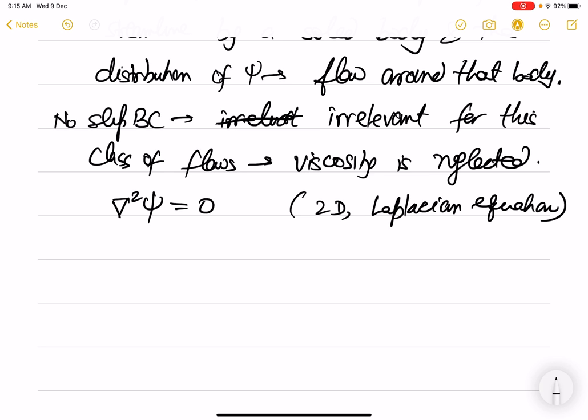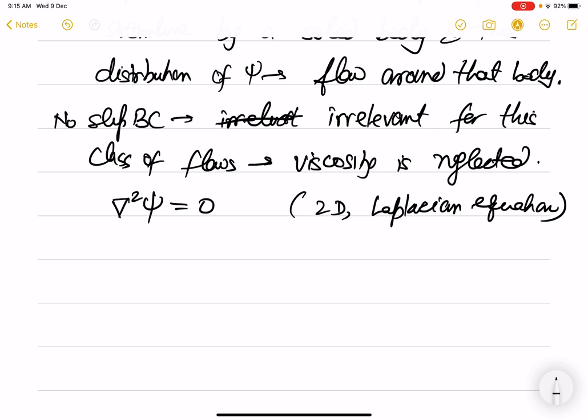This equation has been well studied for hydrodynamics, for fluid mechanics. So there are libraries of solutions of this which are available. And the equation is the same. We get different solutions for different boundary conditions. So if we come across a flow situation where we think that the streamline matches a shape of a body, then we can just work on this.